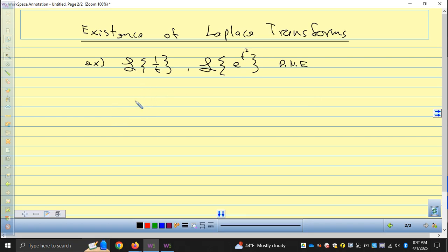So we want to know what are the conditions on our function that give us the existence of the Laplace transform. So we're going to talk about sufficient conditions.